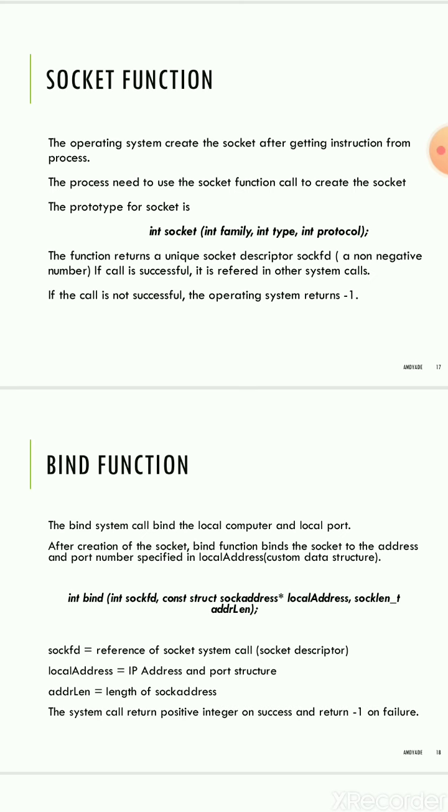The prototype of a socket consists of three parameters. What command do we use to create a socket? It is int socket(int family, int type, int protocol). What does family represent? I already told that family is of two types, IPv4 or IPv6, and one of them will be used.